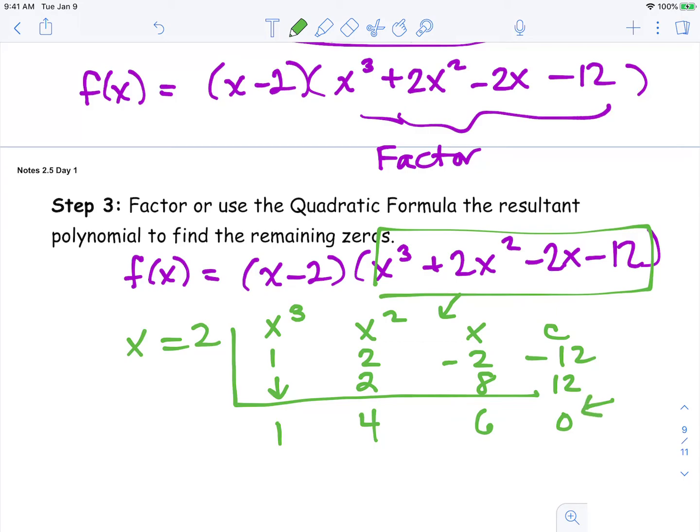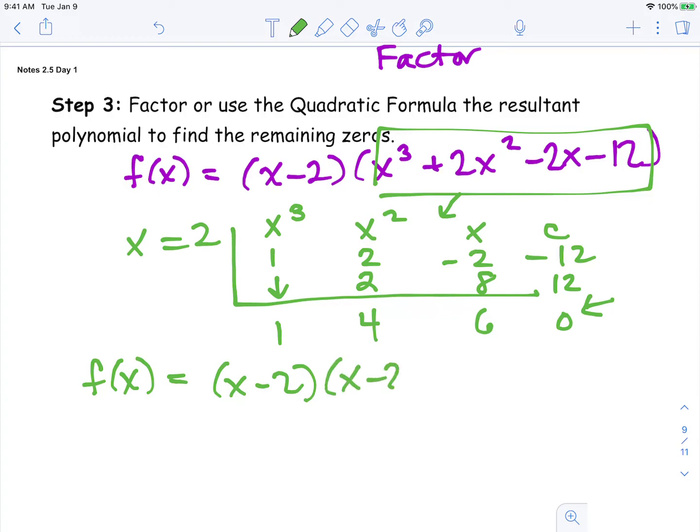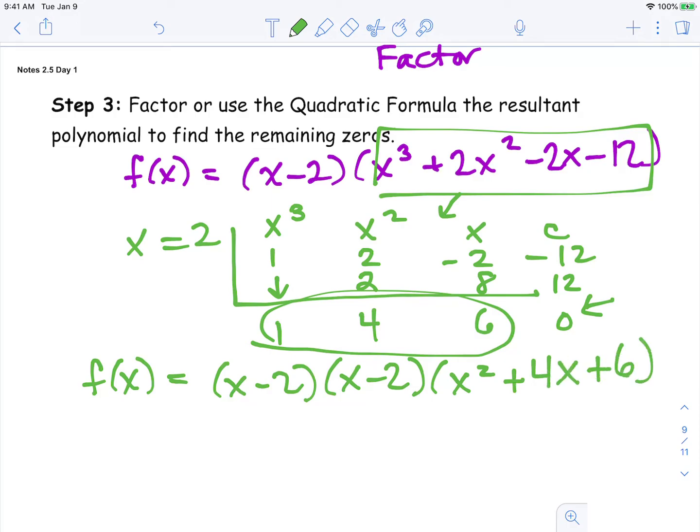There is another factor. So now what we have is the first factor, x minus 2, and now our new factor, x minus 2, and here's our leftovers, a quadratic, x squared plus 4x plus 6.